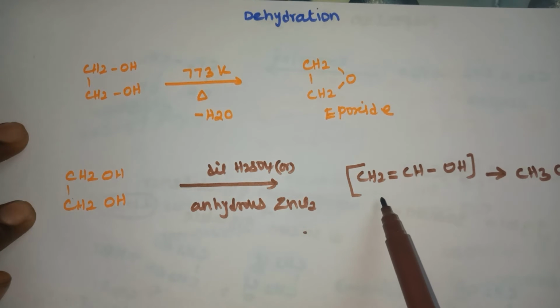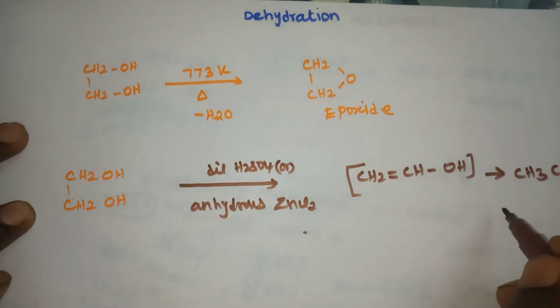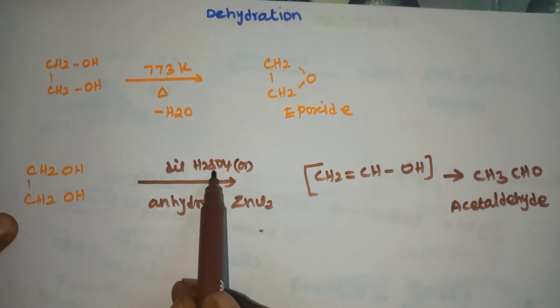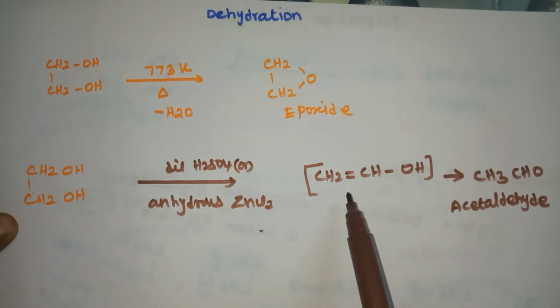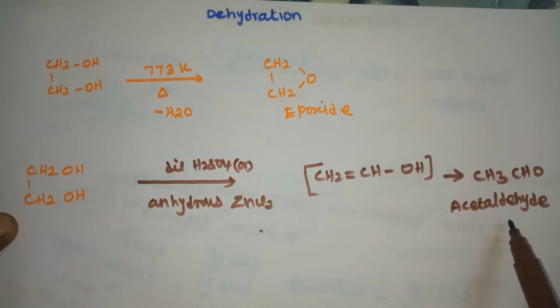First step is vinyl alcohol formation. This vinyl alcohol tautomerizes into acetaldehyde, CH3CHO.